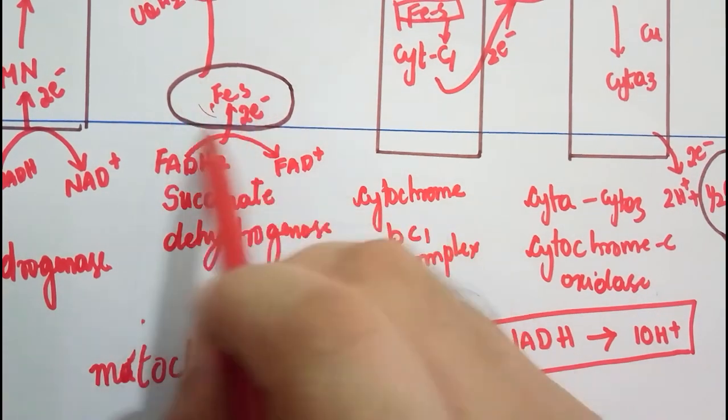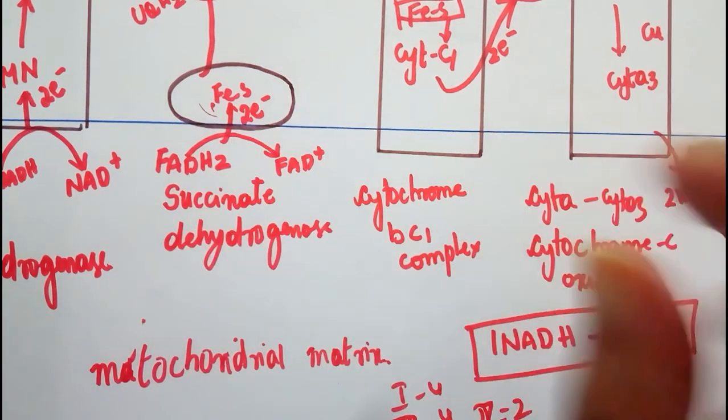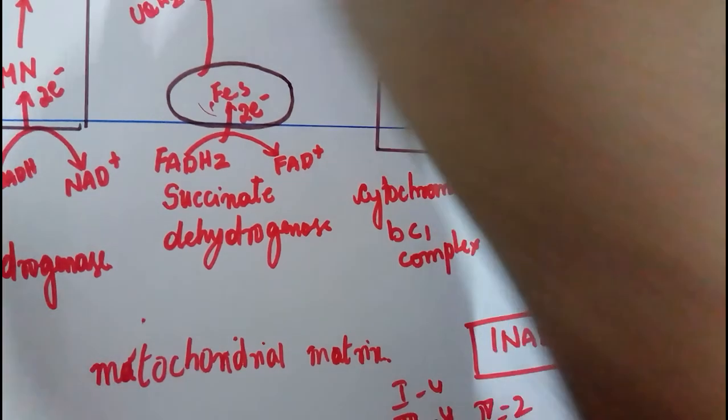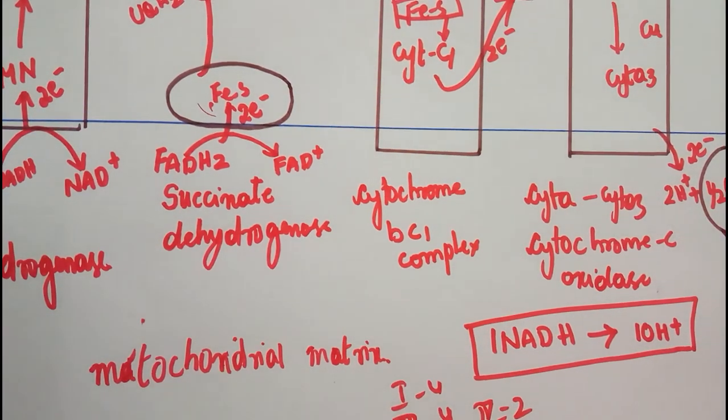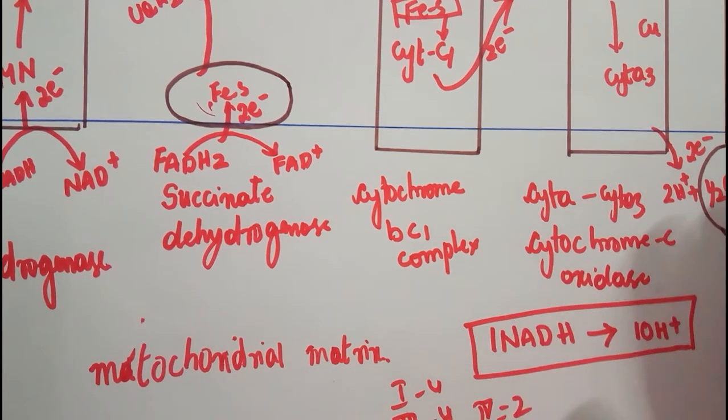Complex 2 doesn't pump any protons from the mitochondrial matrix into the intermembrane space. So bear this in mind: out of the 4 complexes, which complex doesn't pump protons? It is complex 2.